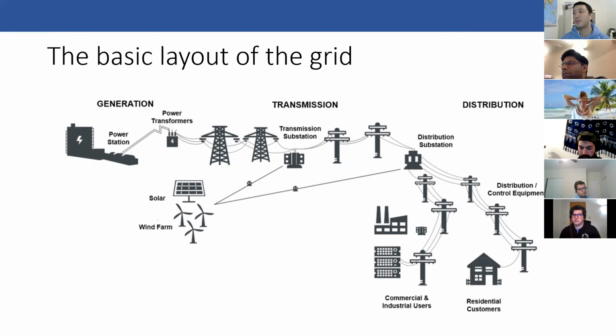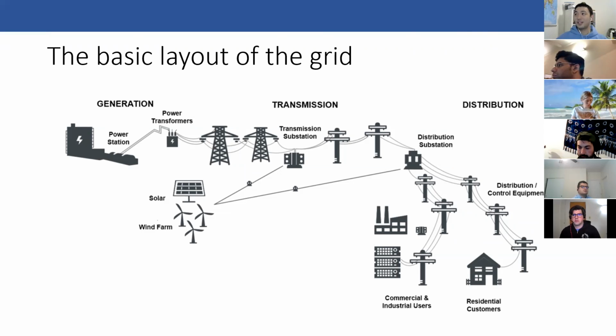The transmission operates at very high voltages in order to minimize losses in the transmission. Those voltages can be in the hundreds of thousands of volts. So that's not something that you want to mess around with.